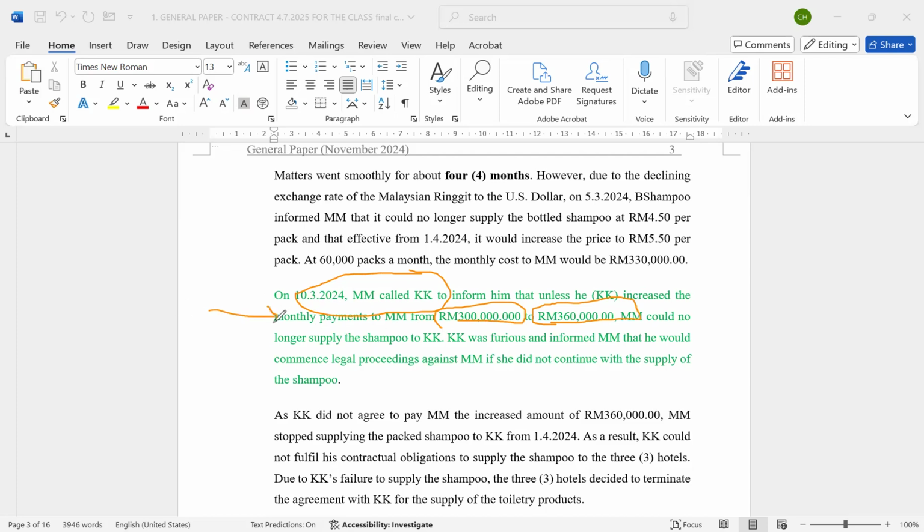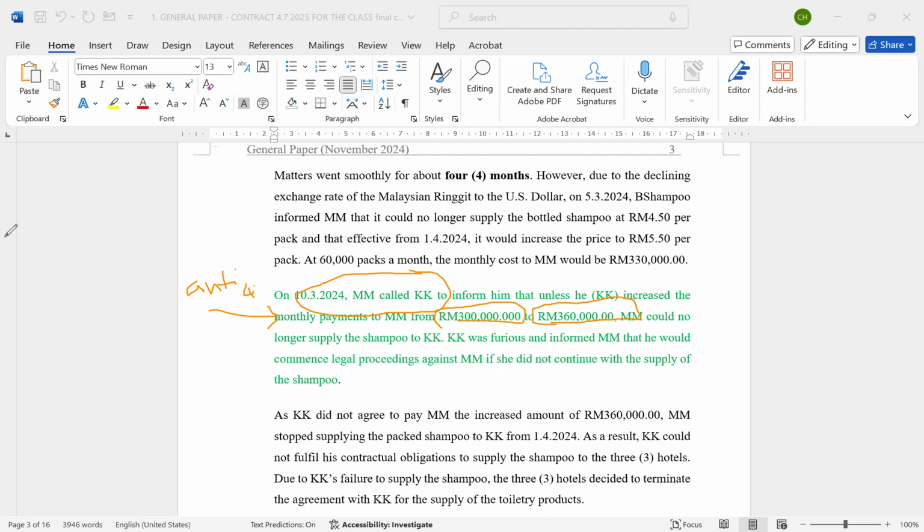You can see there is some sort of anticipatory breach. The real breach has not occurred at this moment, but it is about to happen. In return, KK did not accept the deal. KK was very angry and threatened MM that he will sue MM if she stopped the supply.